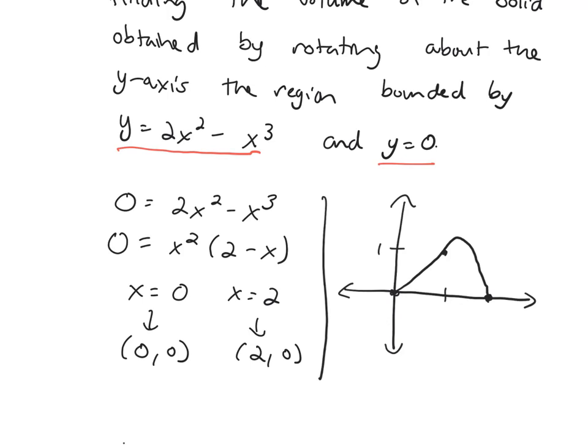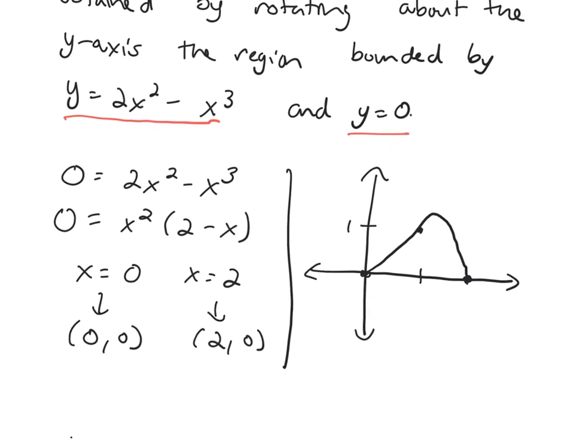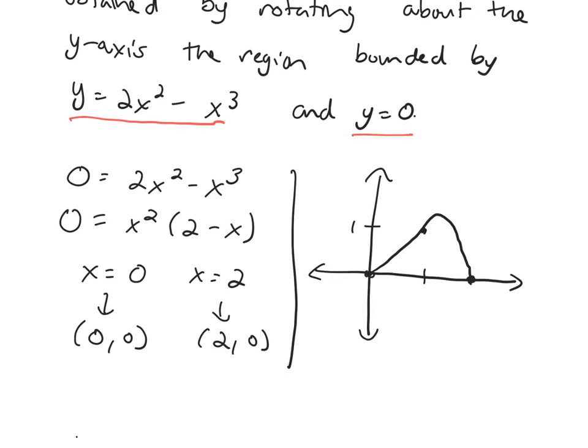All right, I want to rotate about the y-axis. So we're doing this just like we did before. How should I take my strips? Should they be vertical or horizontal? They want to be horizontal.